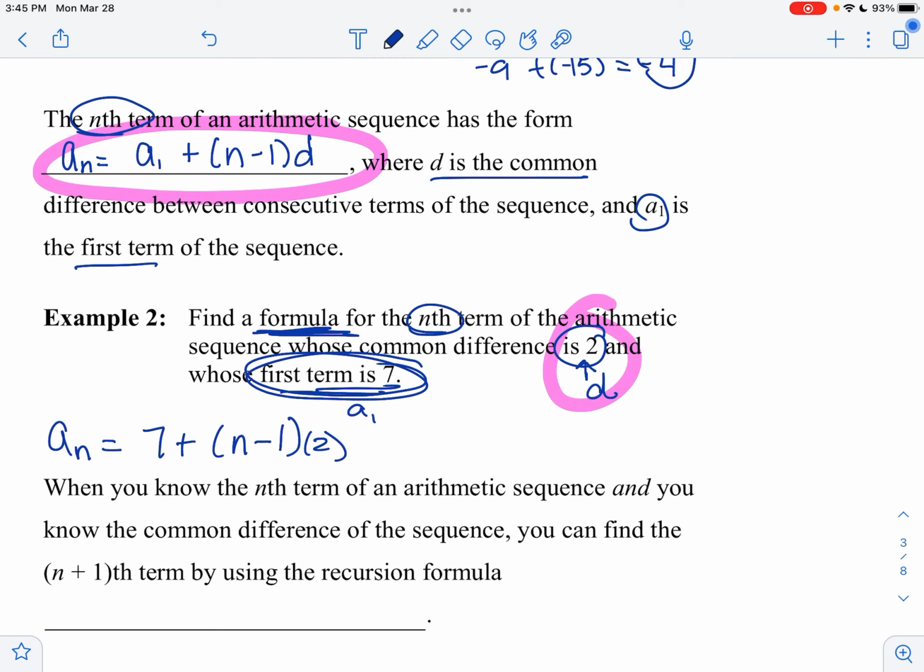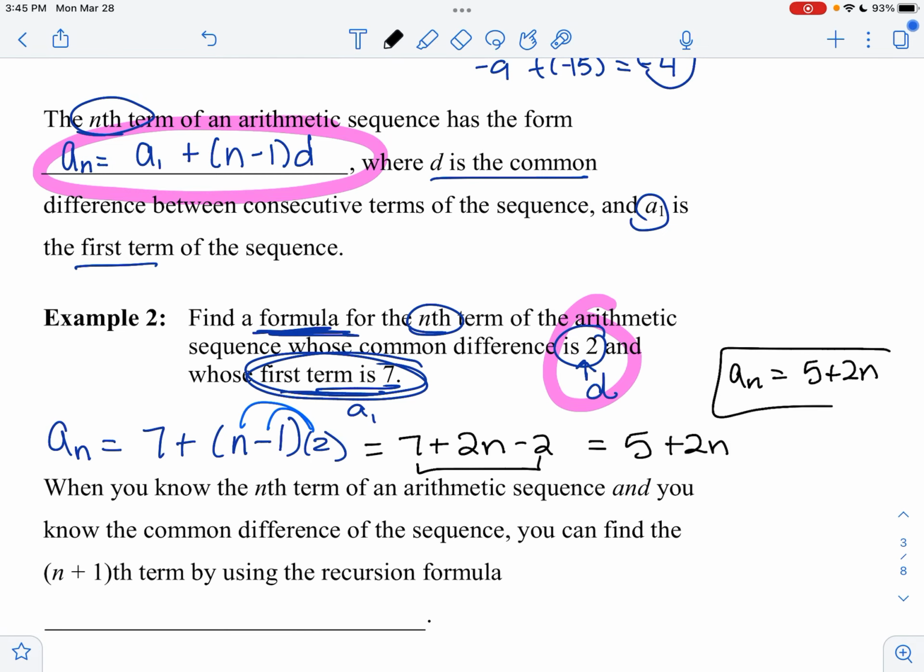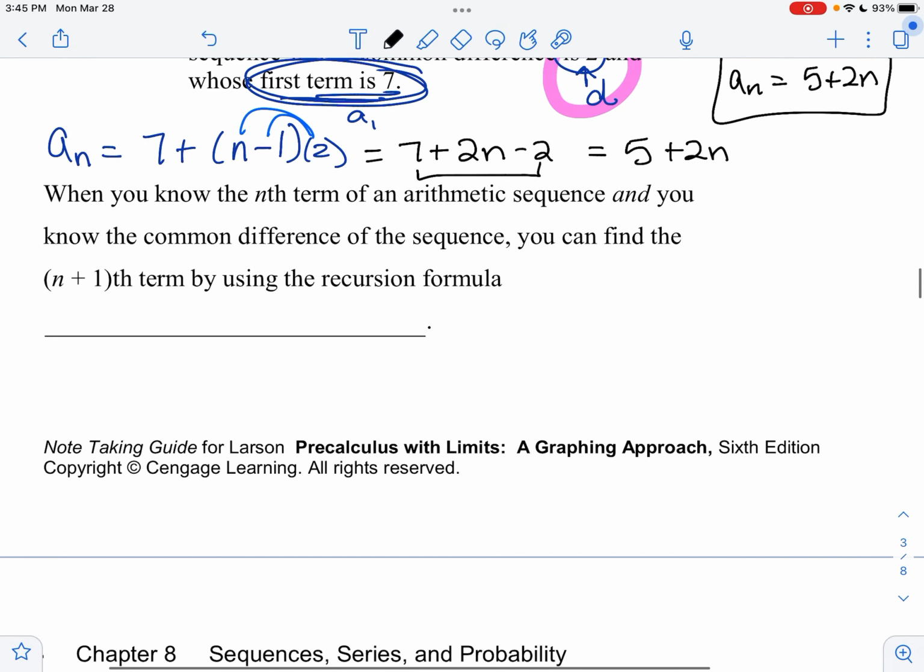To simplify, just like in algebra, I can distribute the 2 into that product and we get 7 plus 2n minus 2. We end up with a simplification of 7 and -2 are 5, plus 2n. So we can say the nth term equals 5 plus 2n, or you can say 2n plus 5.